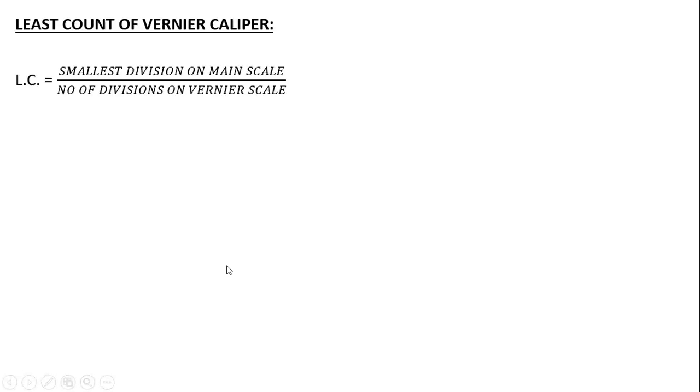So if I want to calculate the least count of such a device, we have a simple formula. Least count is the smallest division on the main scale divided by the number of divisions on the vernier scale. So this is the formula to calculate the least count. What is the minimum value?